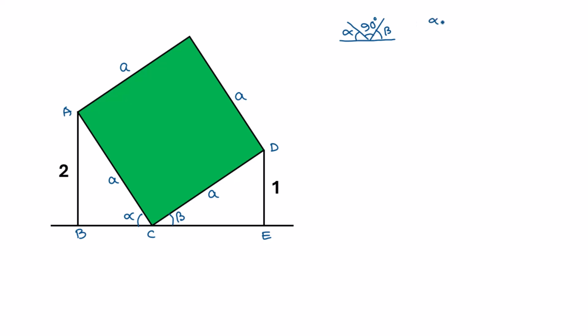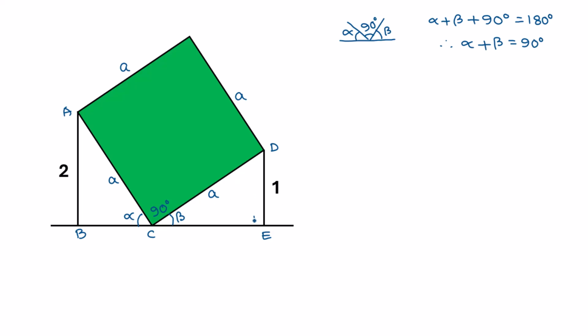So alpha plus beta plus this 90 degree will be 180 degree. Now taking this 90 degree to the right side, you can write alpha plus beta is equal to 180 degree minus 90 degree, which is 90 degree. As this angle is 90 degree, from here we can write the sum of these two angles is 90 degree.